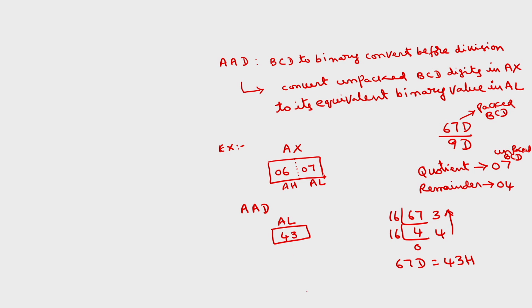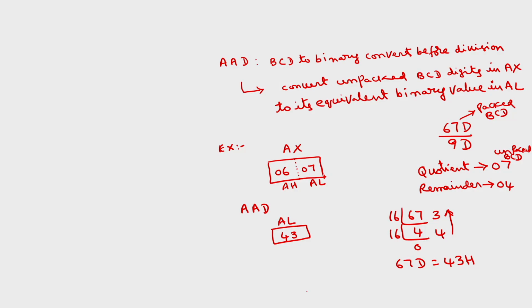This is about the AAD instruction. It takes two unpacked BCD digits in the AX register, and after AAD, the hexadecimal equivalent is stored in AL.